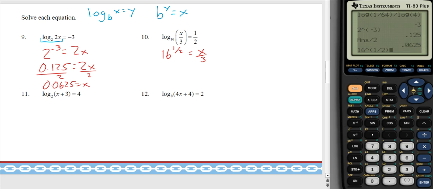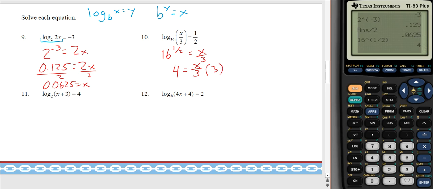If you don't, it's going to say that the answer is 8, and the answer is not 8. The simplified form of 16 to the 1/2 is 4. If you don't put those parentheses, it's going to take 16 to the 1st power and then divide that value by 2, and that's not what we want. Another thing you could do is just use decimal form. You could say 16 to the 0.5.